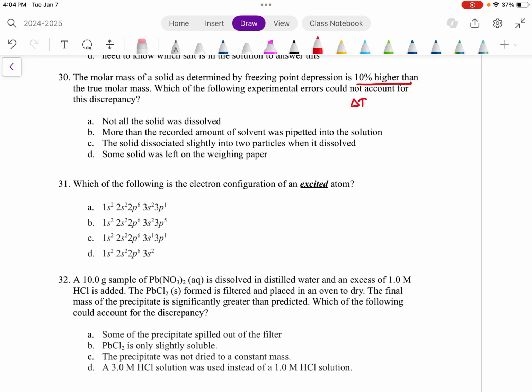So if you remember the freezing point formula, delta T equals K molarity I, right? And then you also remember that molar mass is grams per mole, right?